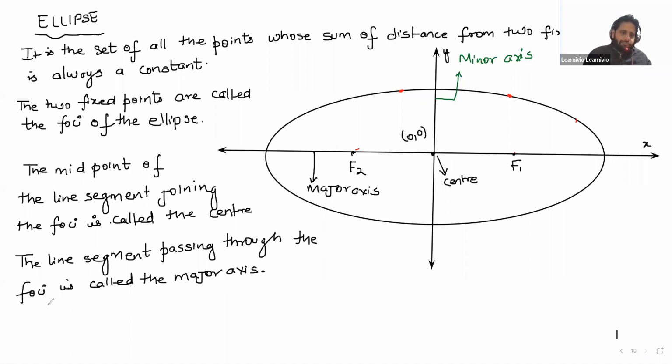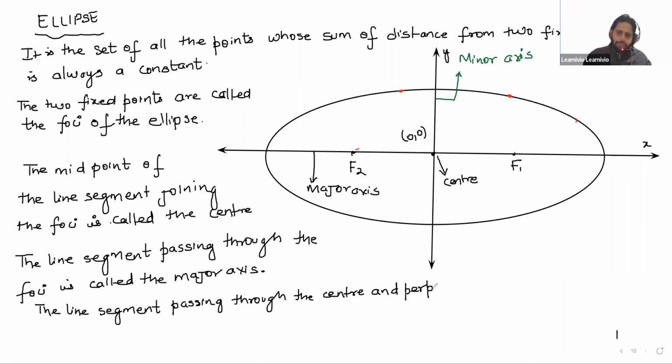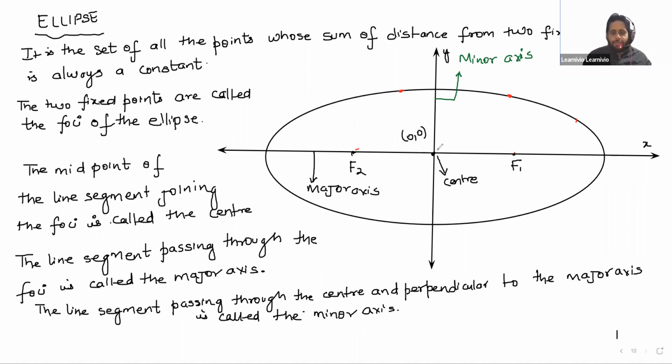We will define the next one: the line segment passing through the center and perpendicular to the major axis is called the minor axis. So this is the minor axis.